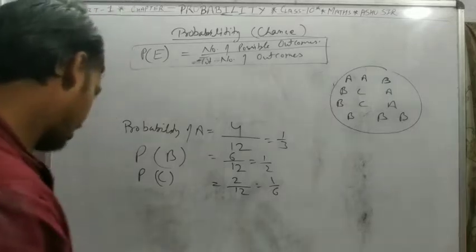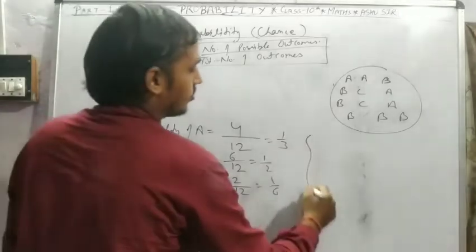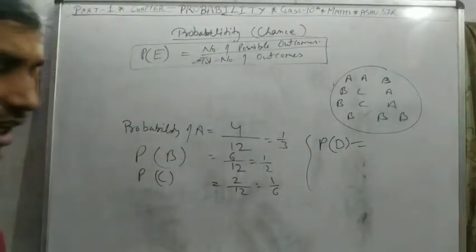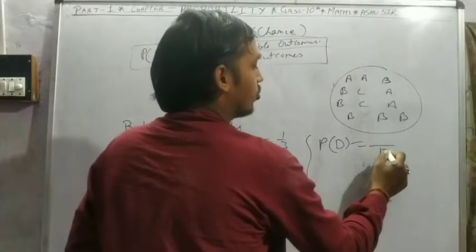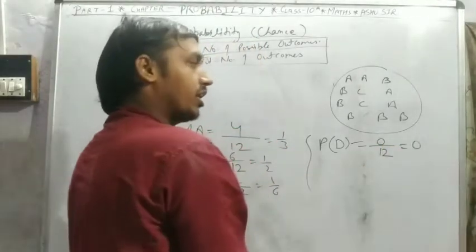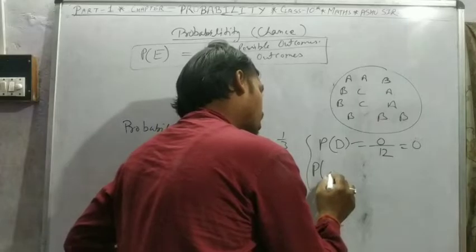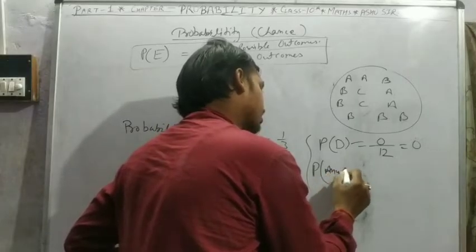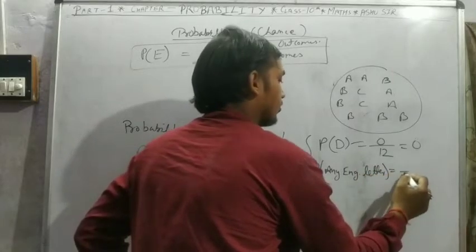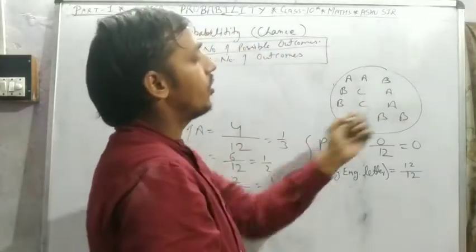If I ask here, what's the probability of D? How many D here? Out of 12, no D. So the possibility of D is 0. If I ask the probability of any English letter, out of total 12, all 12 letters are English.